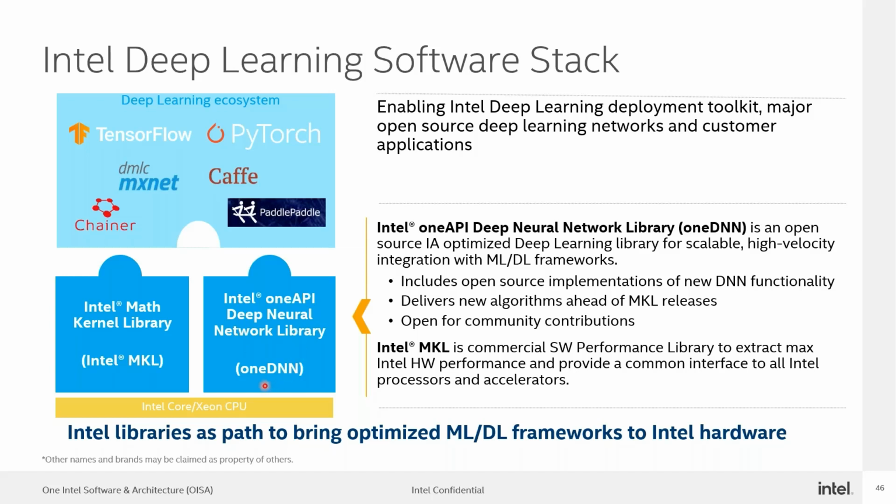Another one is oneDNN. oneDNN is an open source Intel architecture optimized deep learning library for scalable, high-velocity integration with machine learning and deep learning frameworks. Most of the popular deep learning operators like convolution and pooling are optimized in oneDNN. We use both of these libraries to optimize for deep learning frameworks like TensorFlow, PyTorch, MXNet, Caffe, Chainer, or PaddlePaddle.